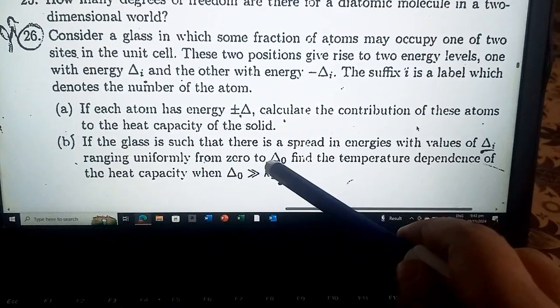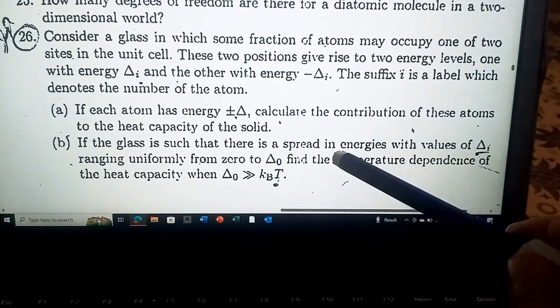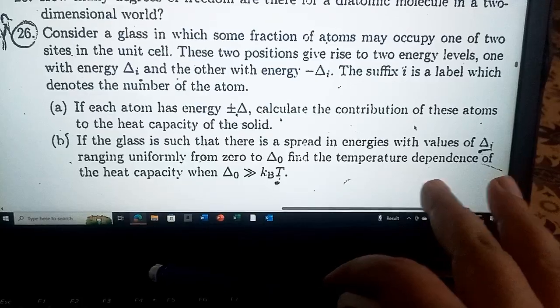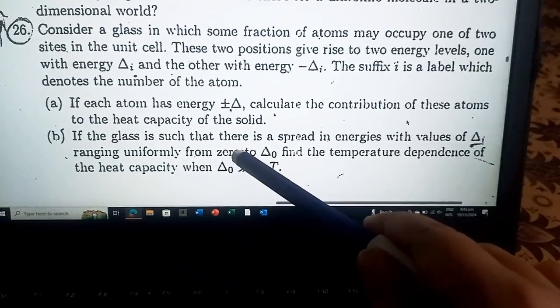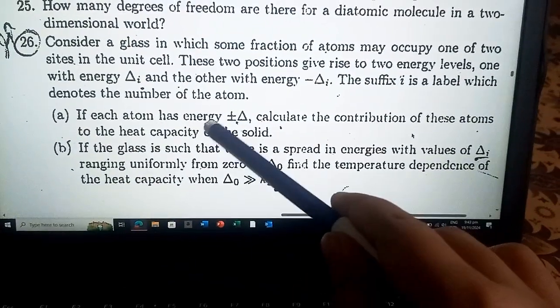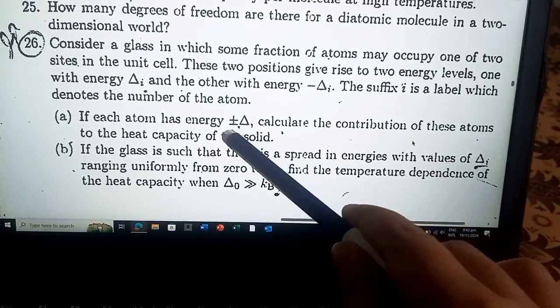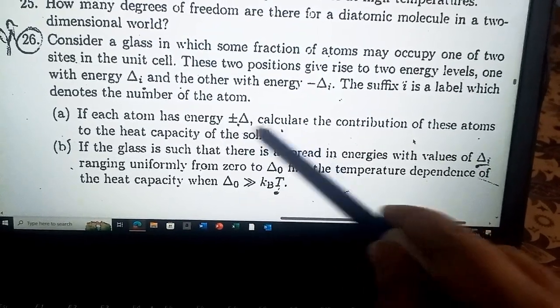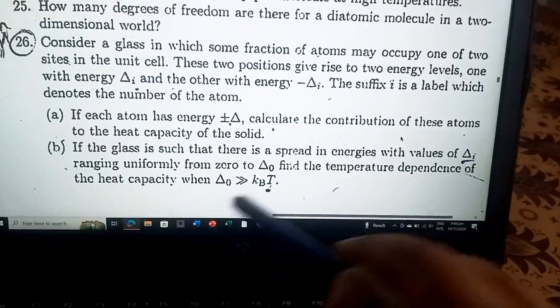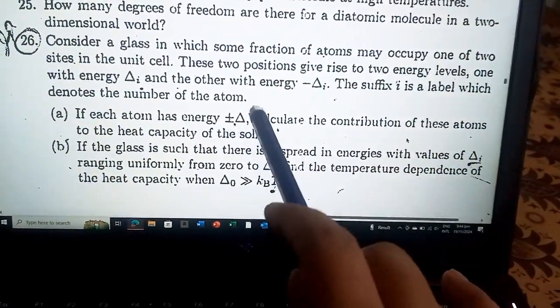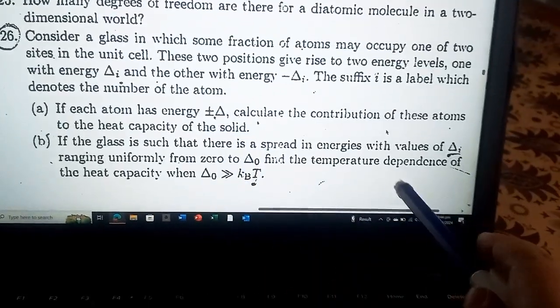So that is the continuous spectrum, and the atom could have any energy in between 0 and delta naught, while in part A the atom could have only two energy values, one is delta and the next is minus delta. So in both cases we have to calculate the expression for heat capacity, but considering different energy values.